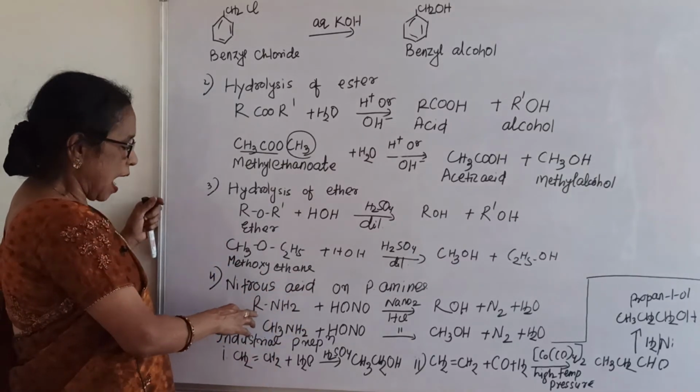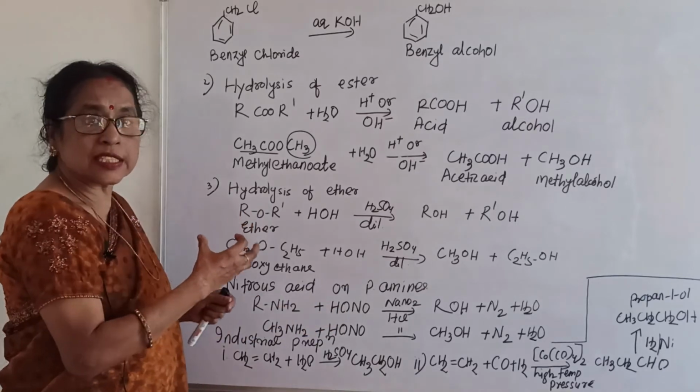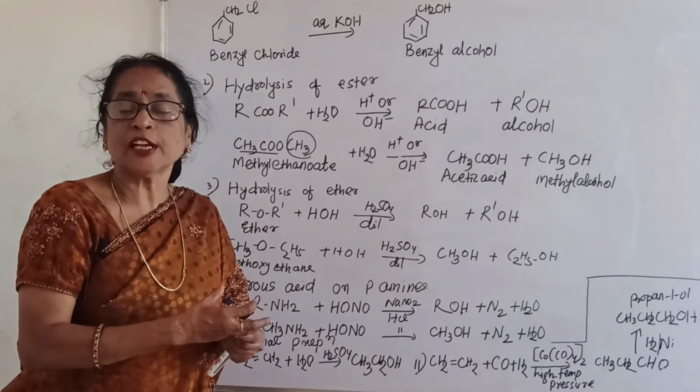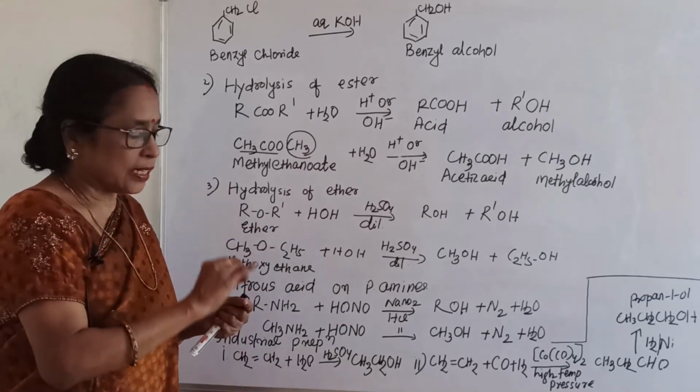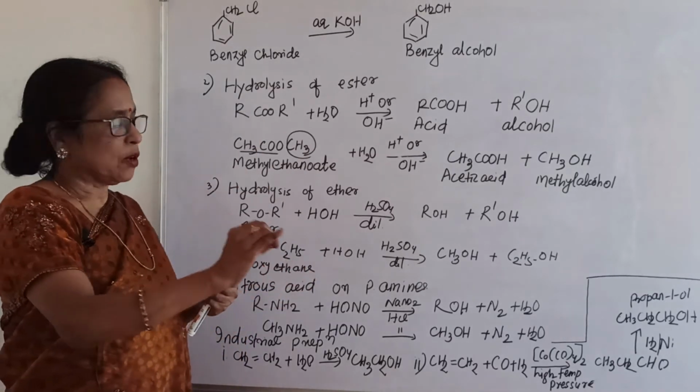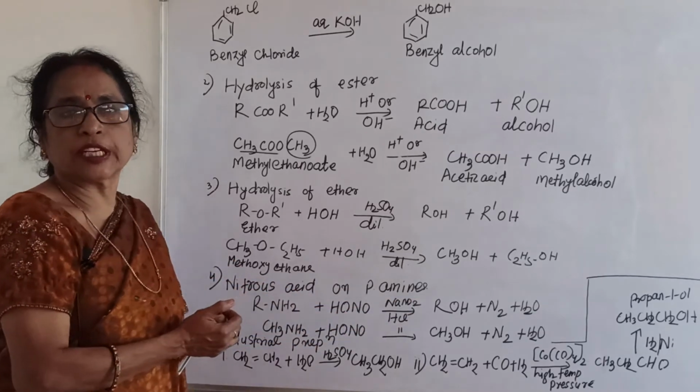That is why RNH2 plus HONO, that is nitrous acid, HNO2, but nitrous acid is not available in the lab. That is why immediately one should prepare it by treating with sodium nitrite and hydrochloric acid.